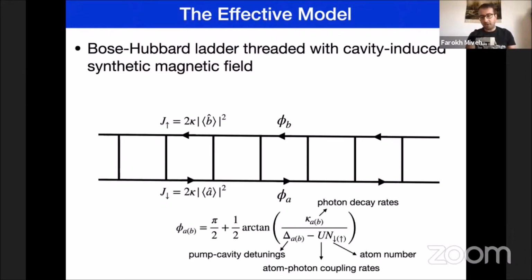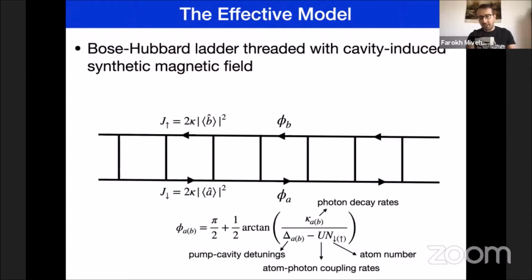In particular, the current in the lower leg is proportional to the photon number in mode A, and the current in the upper leg is proportional to the photon number in the second mode B. The phase imprinted into the wave function is given by the phase of the photons, phi A and phi B.